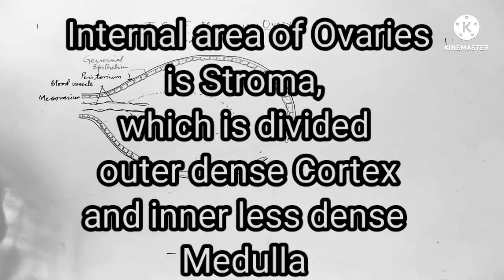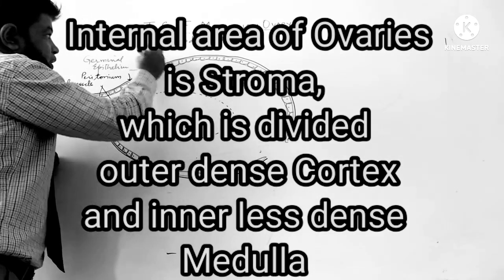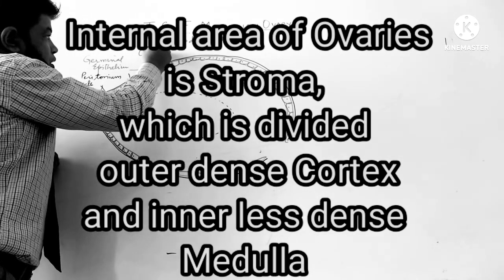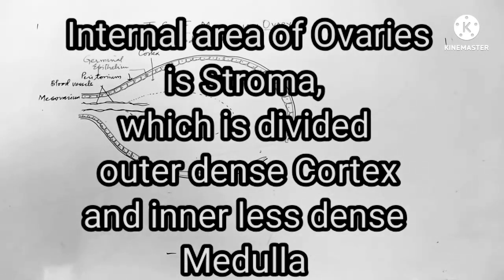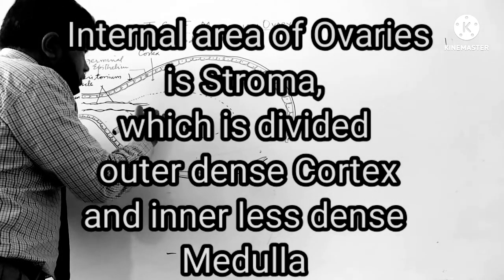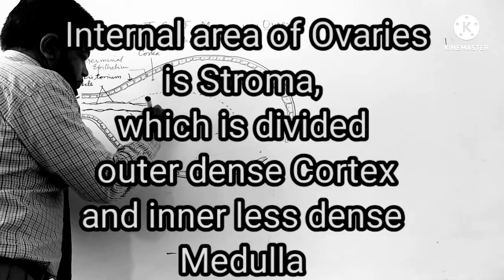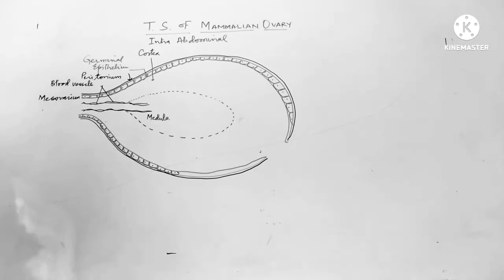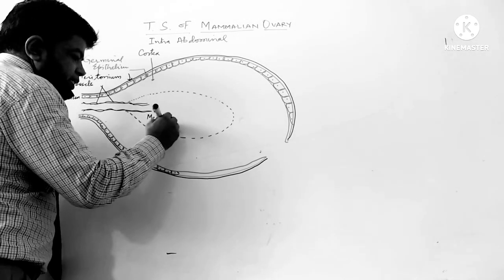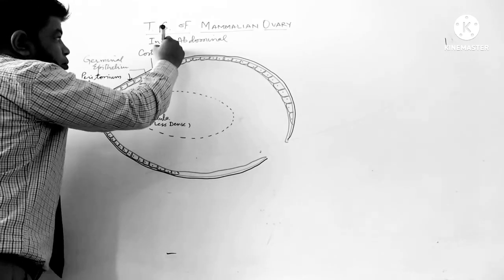This area is known as cortex, and this area is known as medulla. This is the less dense area, whereas the cortex is the more dense area.